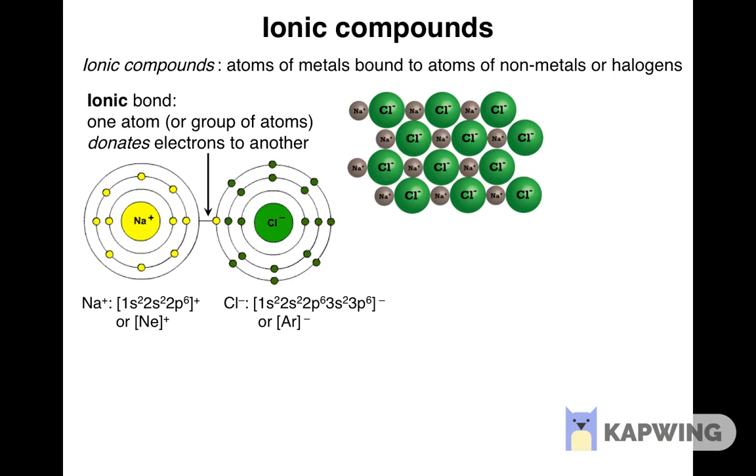The distribution of electrons among orbitals is the same as for a neutral neon atom, but the sodium cation has a positive charge that is equal in magnitude to the charge of one electron. The chlorine atom that accepts the extra electron becomes a chlorine anion, Cl-, and has the electron configuration 1s2, 2s2, 2p6, 3s2, 3p6, minus, or in shorthand notation, [Ar]-.